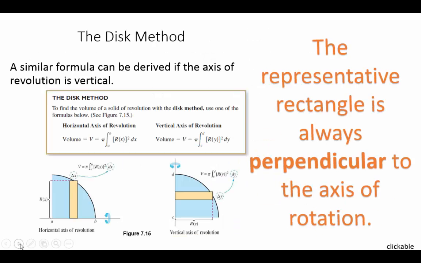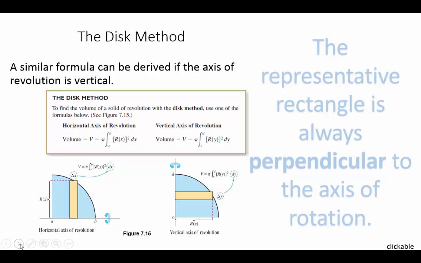We said that the formula for finding the volume was V equals pi times the integral from a to b of the radius function squared dx, or we could do this with respect to y as well, but we have to remember the key thing about the disk method.